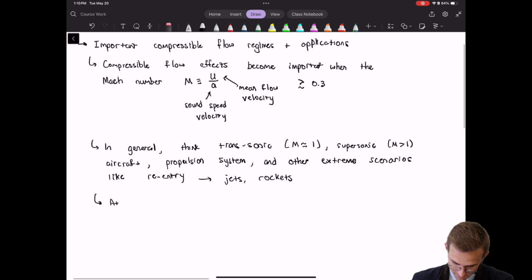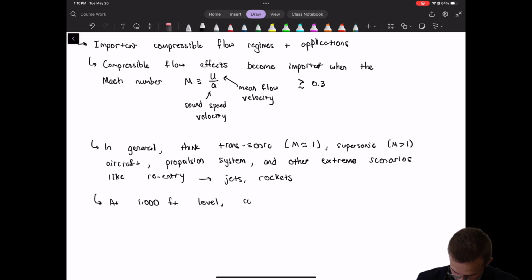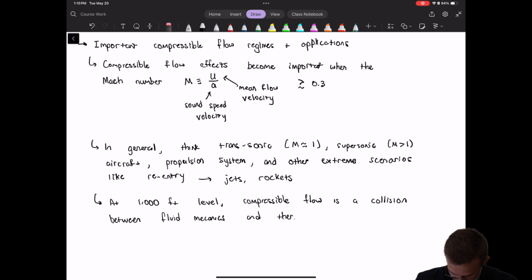Okay. What you'll often hear is that at the 1,000 foot level, compressible flow is a collision between fluid mechanics and thermodynamics.